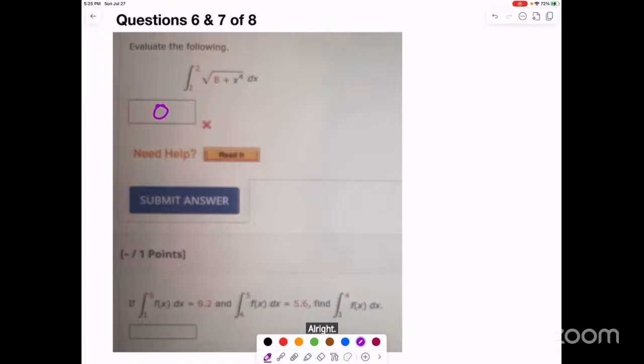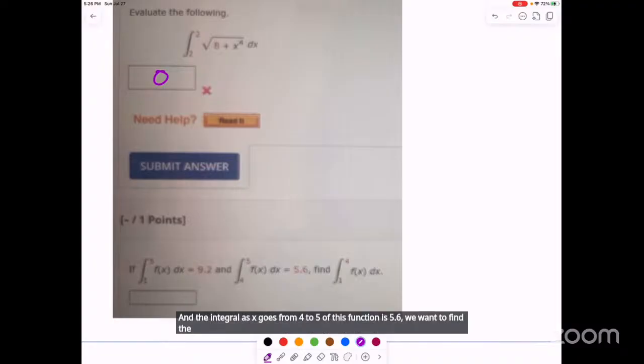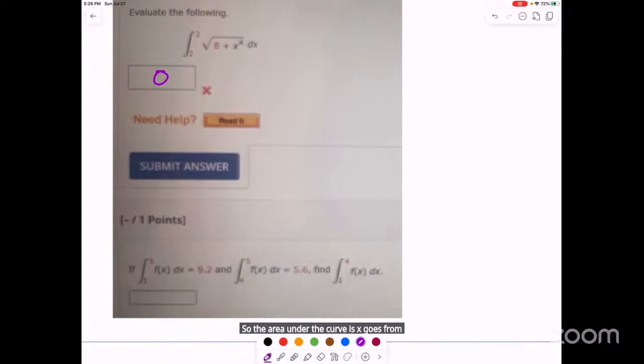And then for the 7th question, it says that if the integral as x goes from 1 to 5 of this function is 9.2, and the integral as x goes from 4 to 5 of this function is 5.6, we want to find the integral as x goes from 1 to 4. So the area under the curve as x goes from 1 to 5 is 9.2. The area under the curve as x goes from 4 to 5 is 5.6.